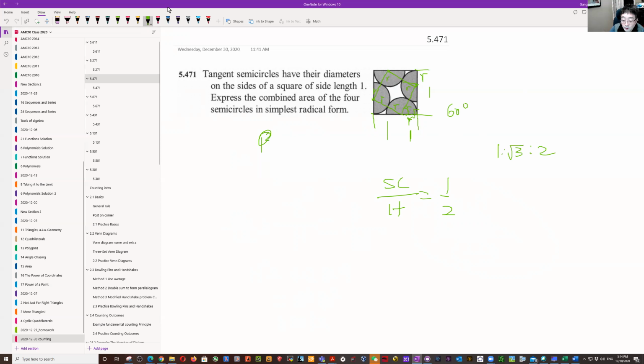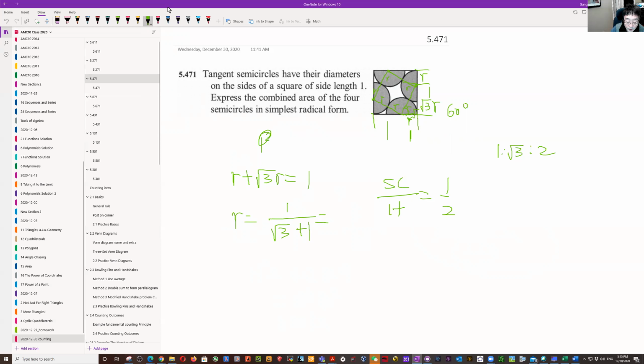So this is 1 here, and this part is going to be square root of 3 r. So on the top is r, on the bottom is square root of 3 r, and those add together to be 1. So we got r plus square root of 3 r equals 1, and r is going to be 1 divided by square root of 3 plus 1.